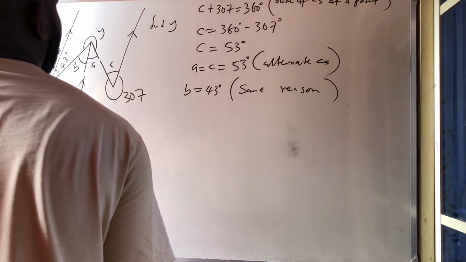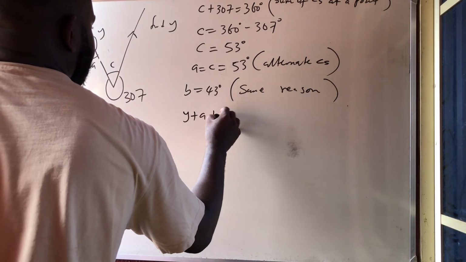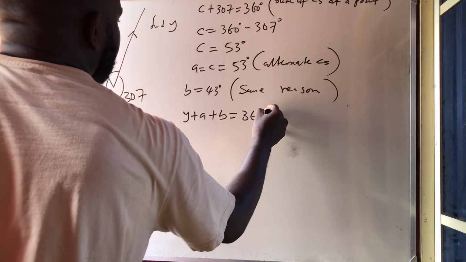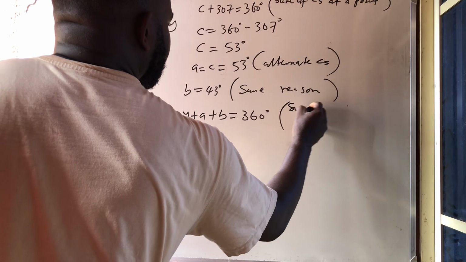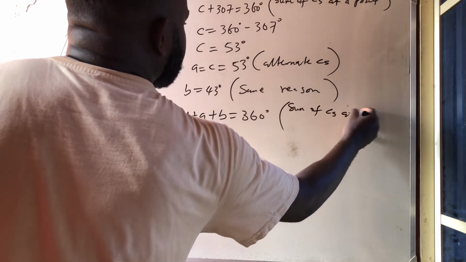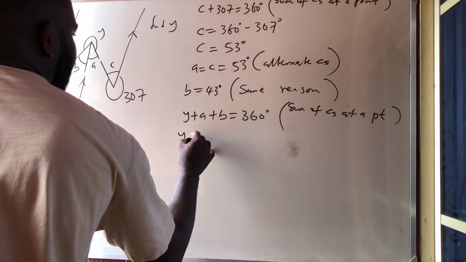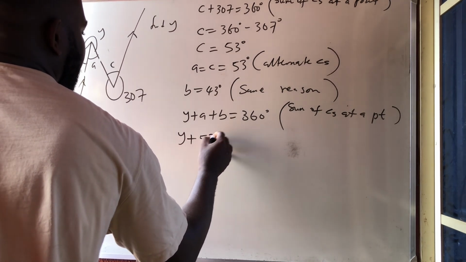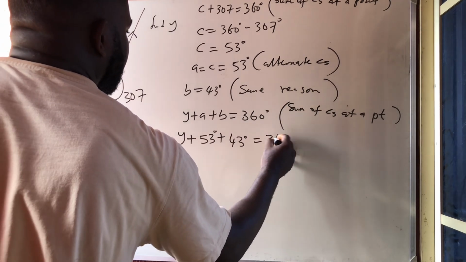So what do you do now? Do you know that y plus A plus B is equal to 360 degrees? Complete circle, which is sum of angles at a point. So therefore, y that I'm looking for plus my A is 53 plus my B is 43 is equal to 360 degrees.